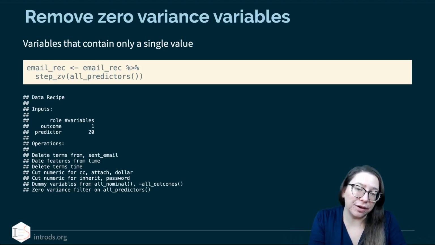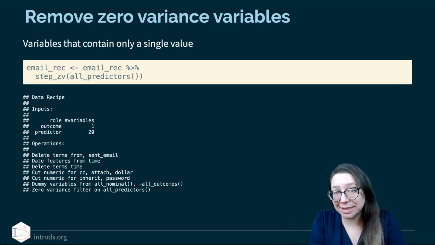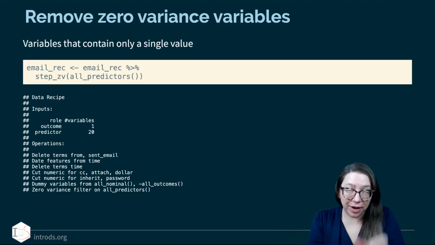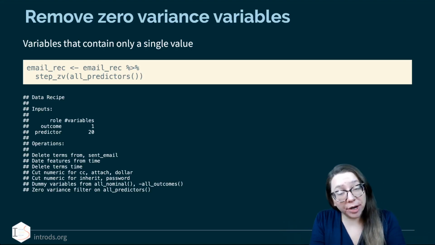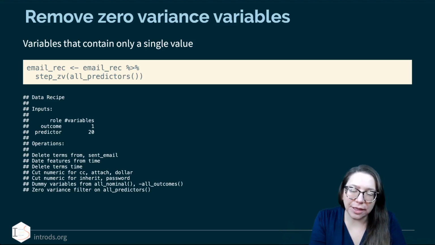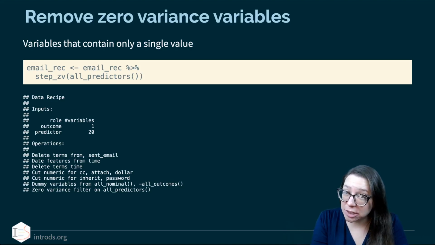Zero variance variables are variables that contain only a single value, like the Viagra variable that had all zeros down the column. We want to remove these variables. But earlier, in order to identify which one that was, we ended up doing a little bit of exploratory analysis. We looked at the skim output of our data set and finally realized that might be what's going on. That is a tedious process.